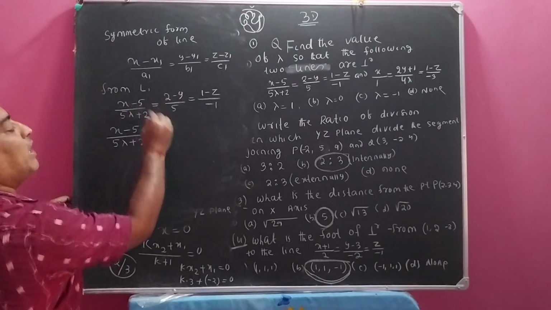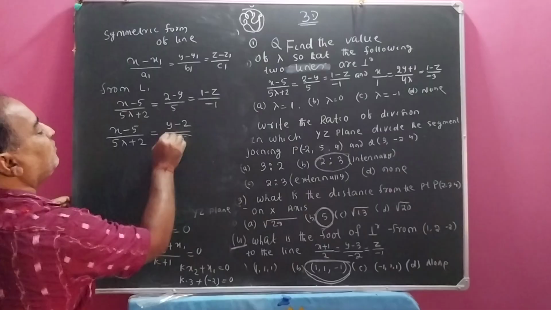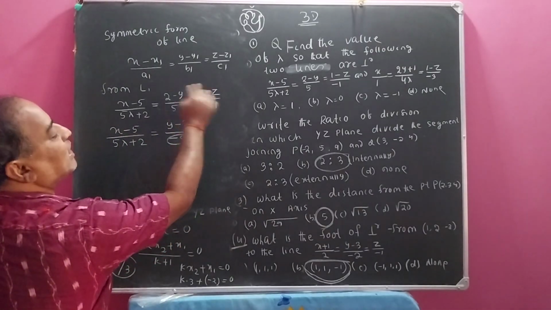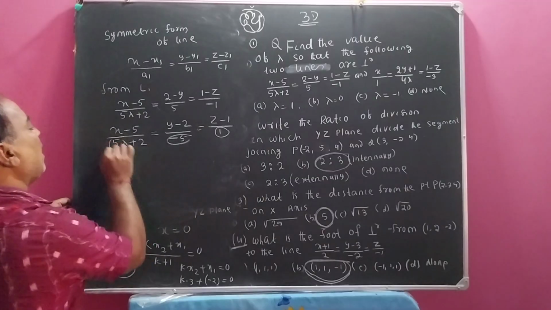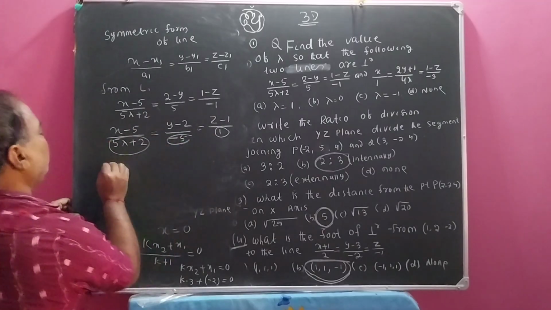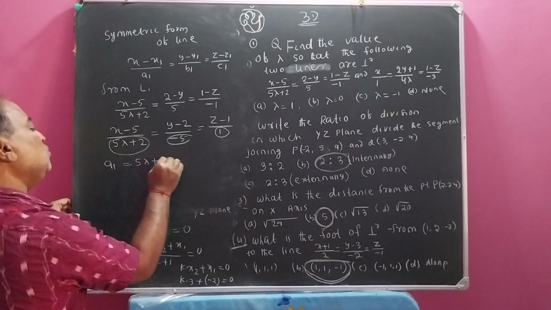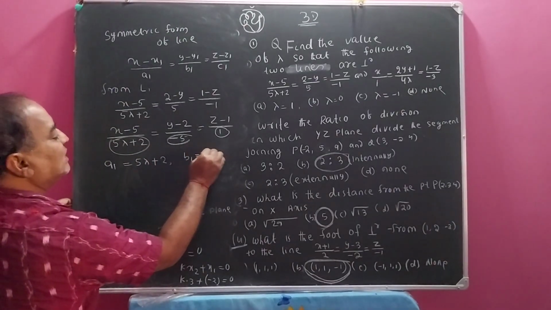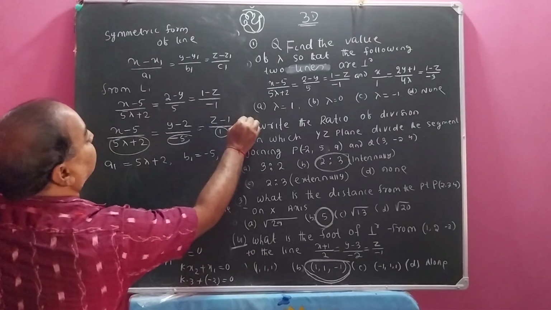Here taking minus common, (y minus 2) divided by minus 5. Here minus common, (z minus 1) by 1. So it is a1, b1, c1. A1 is equal to 5 lambda plus 2, b1 is equal to minus 5, c1 is equal to 1 from the line L1.